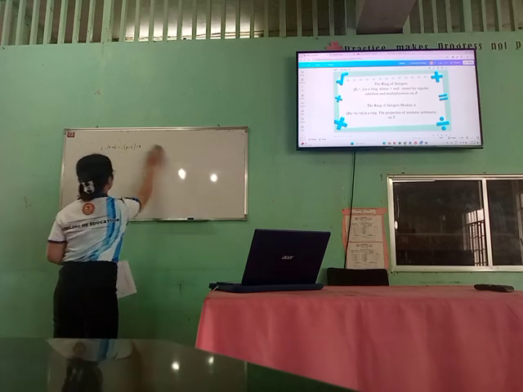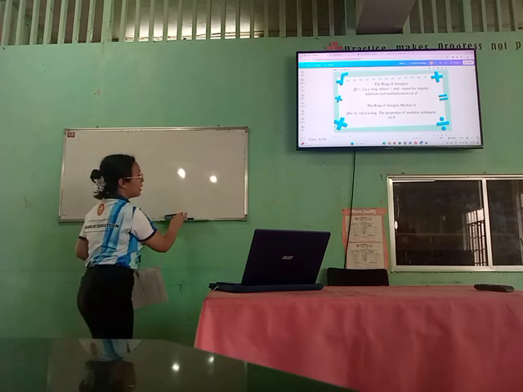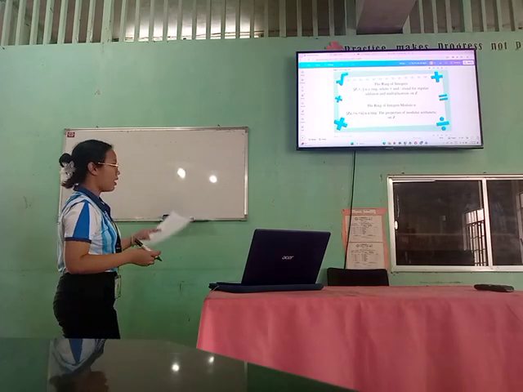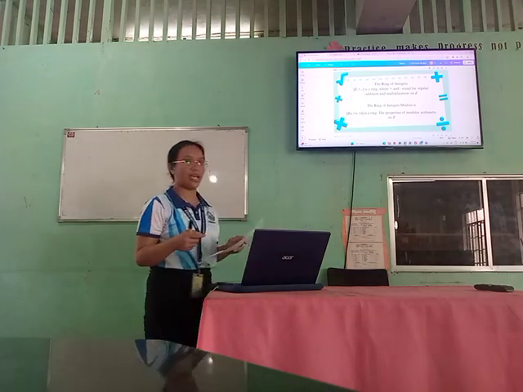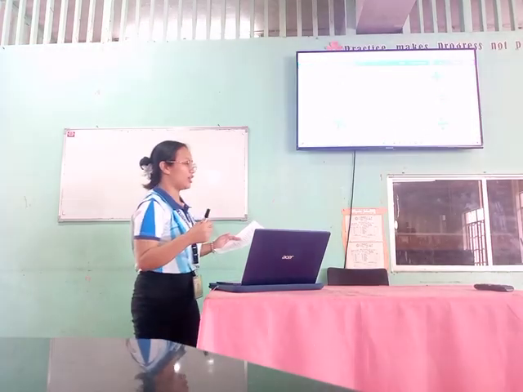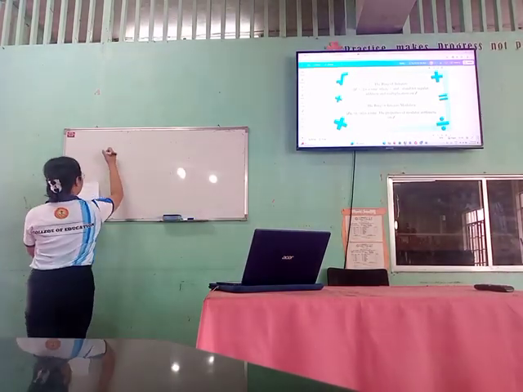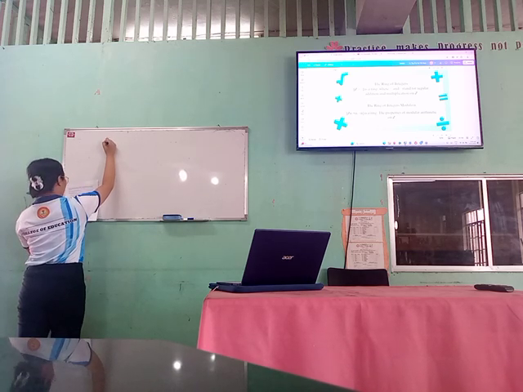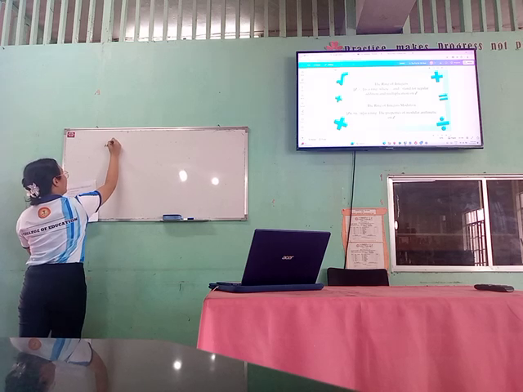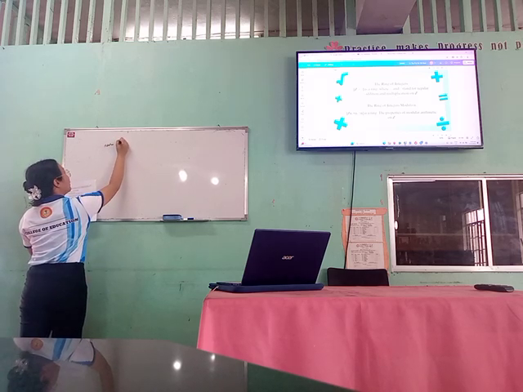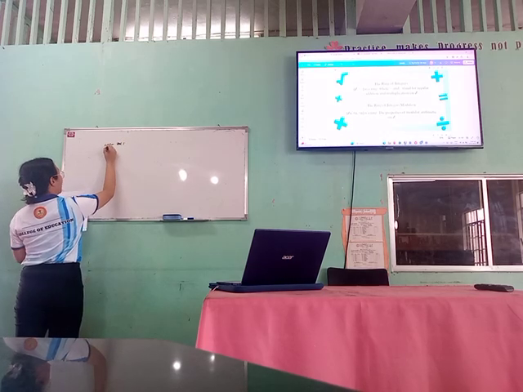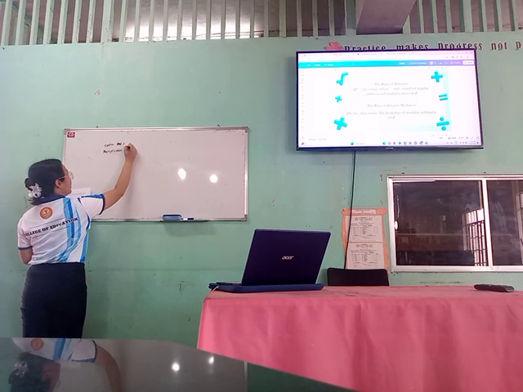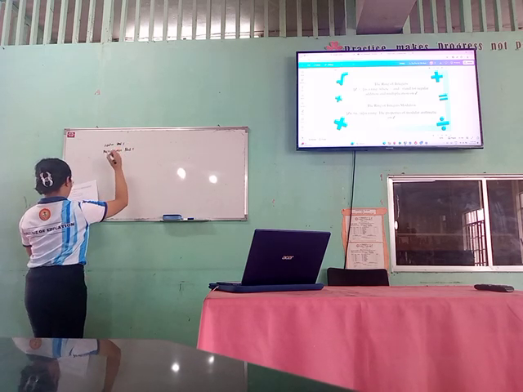Next, we have the ring of integers modulo n. The only difference is the modulo n, where we take the remainder. For example, we have addition and multiplication modulo 5.